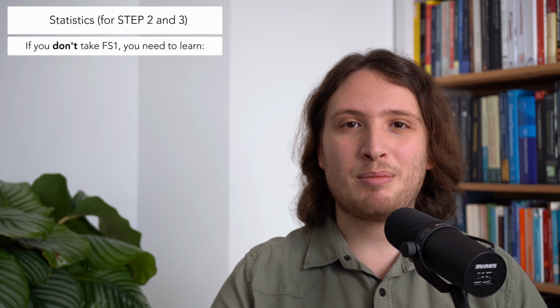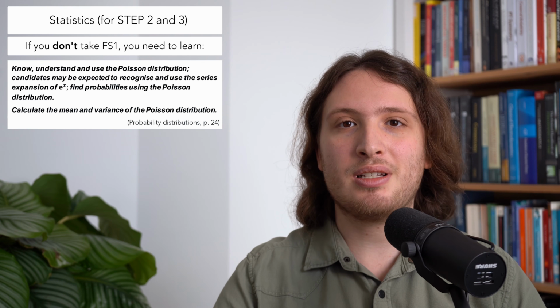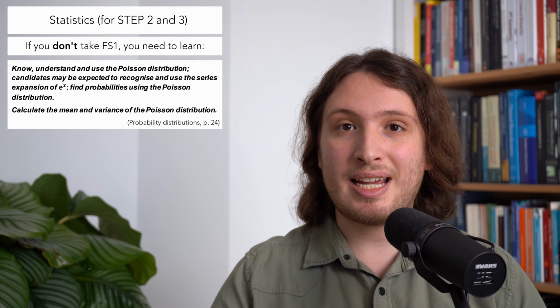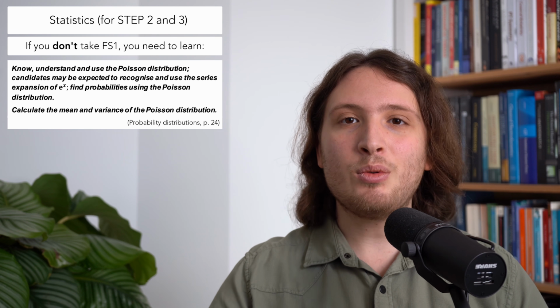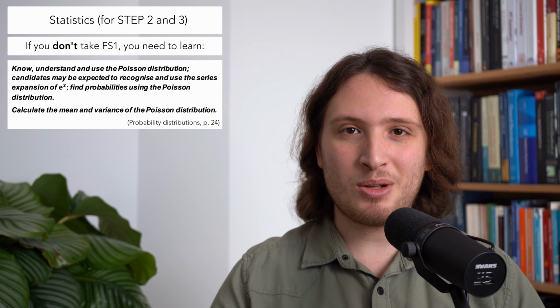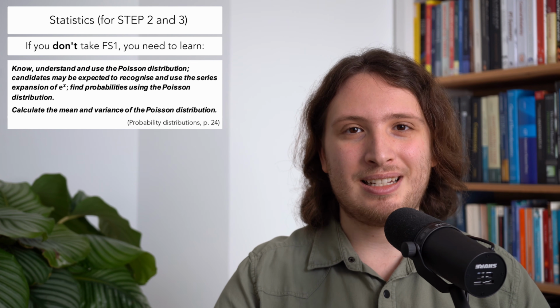You'll need particular expertise working with Poisson distributions, not only calculating their probabilities, but also their expectation, their variance, and also the use of the Poisson distribution as an approximation to the binomial distribution in appropriate cases.